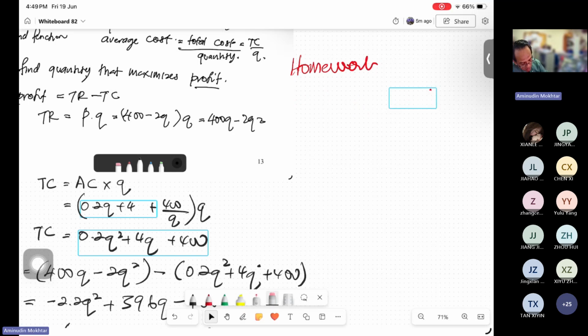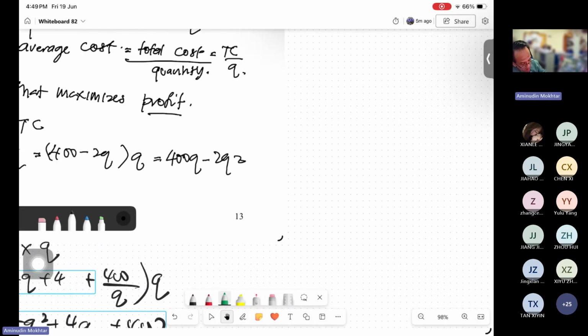Again, I just write the homework based on this equation.